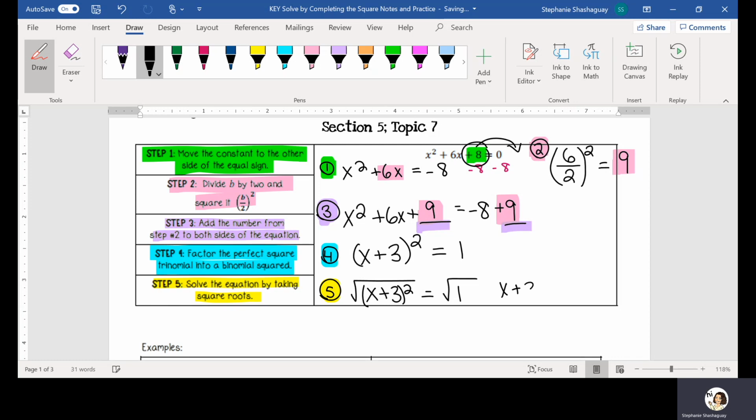So x plus 3 is equal to 1, and x plus 3 is equal to a negative 1. So that means x is equal to, because if I subtract 3 and subtract 3, x will be equal to a negative 2. And over here, if I subtract 3 and subtract 3, x is equal to a negative 4.